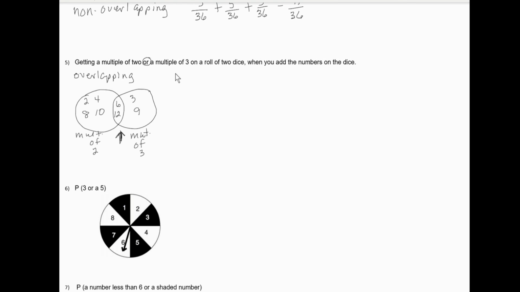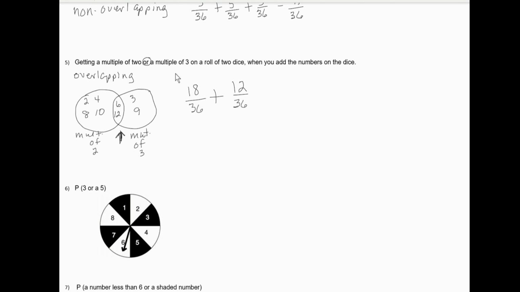So if you look at your chart and count up how many of those numbers are on that chart, there's 18 of them. So the probability that your number is a multiple of 2 is 18 out of 36. The probability that your number is a multiple of 3 is 12 out of 36. And again, we're looking at that chart that we did in class.